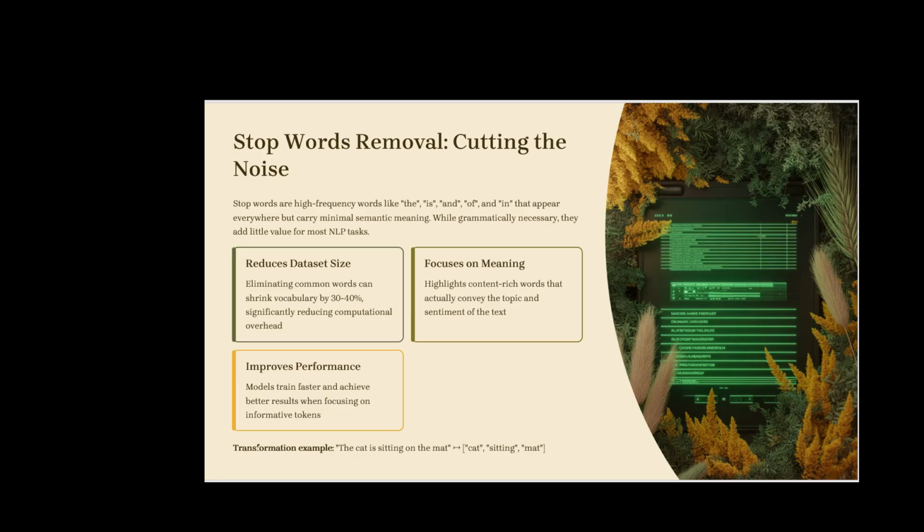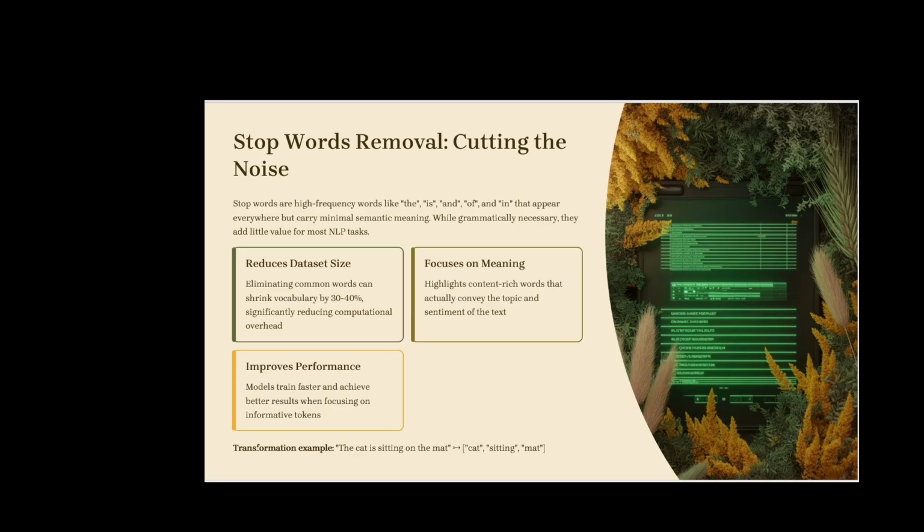There is not much meaning that these words carry, and that is why they hold very little value for NLP tasks. When we remove all of these words, the entire vocabulary shrinks by 30 to 40%. This way, we would be able to focus on meaning. We would be able to highlight the content rich words that actually are conveying the topic.